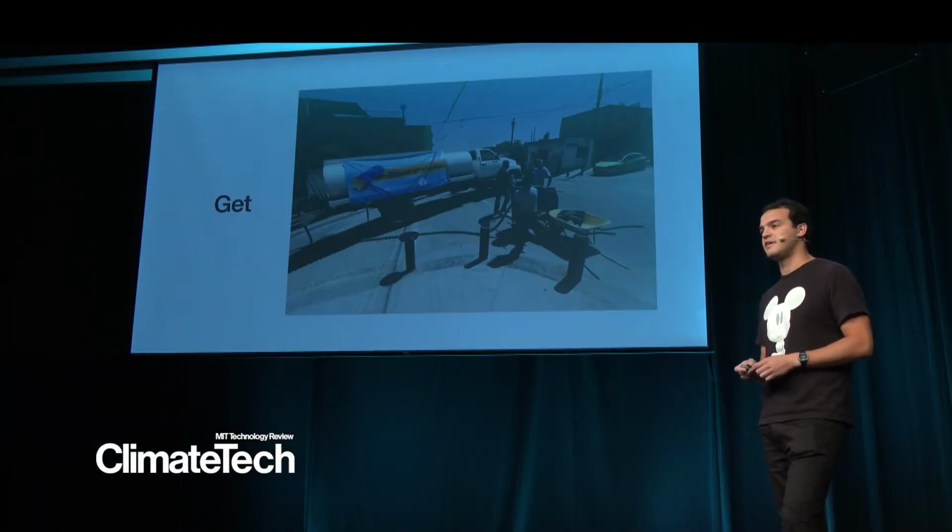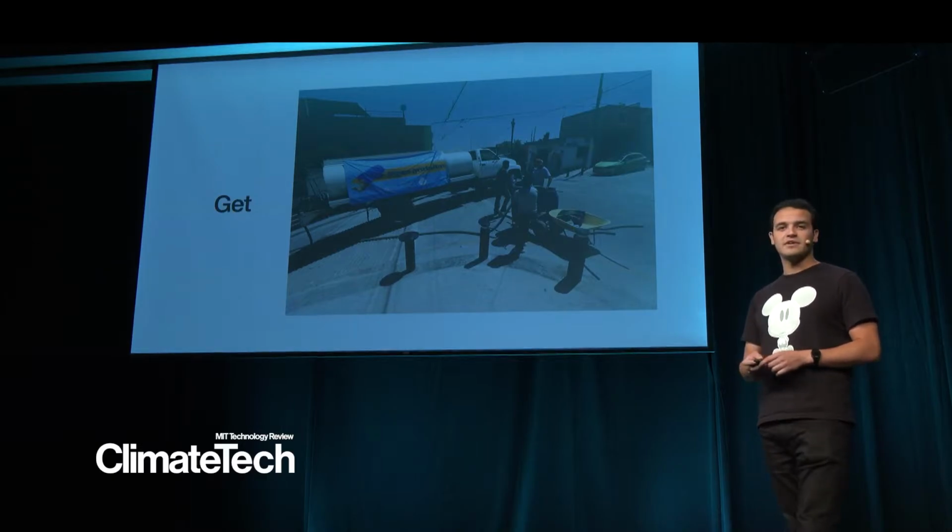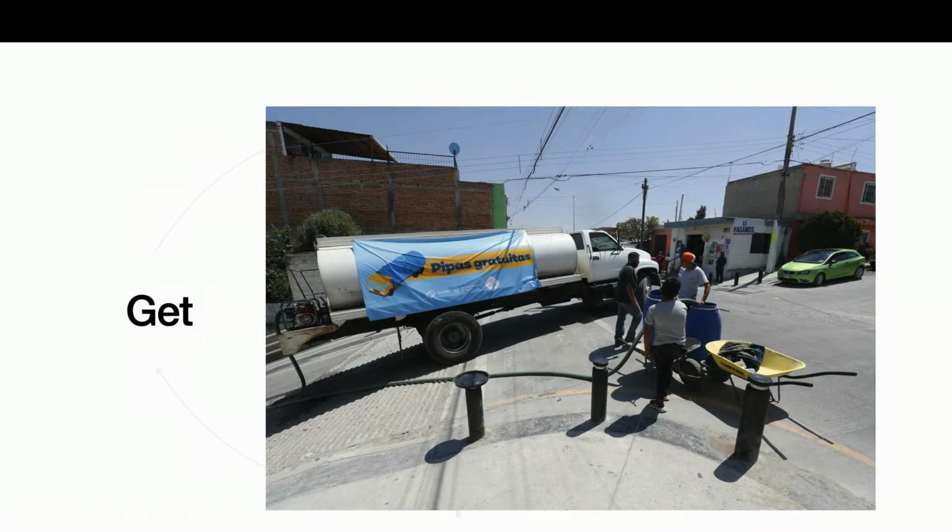For example, when they get the water, they tend to do it from illegal taps. Sometimes they capture it from the rain, and sometimes it arrives in water trucks, which are in many ways controlled by organized criminal organizations. So it's really hard to get a steady stream into their households.